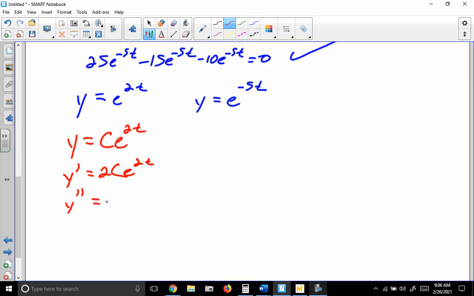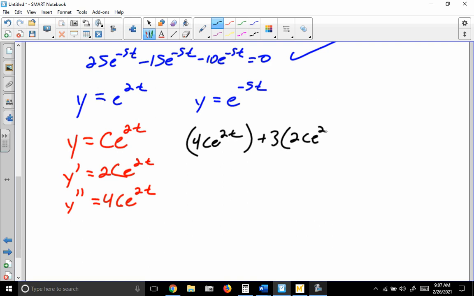Our second derivative would be 4Ce^(2t). So if we plug in, that's our second derivative plus 3 times our first derivative minus 10 times our function, and that should equal 0.